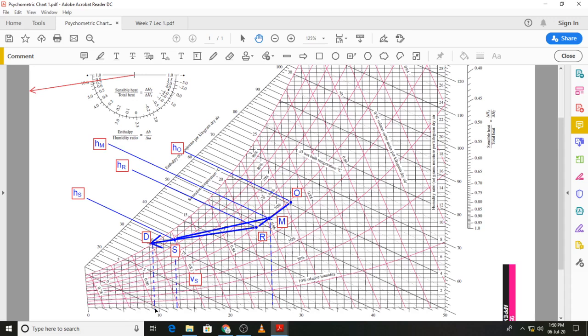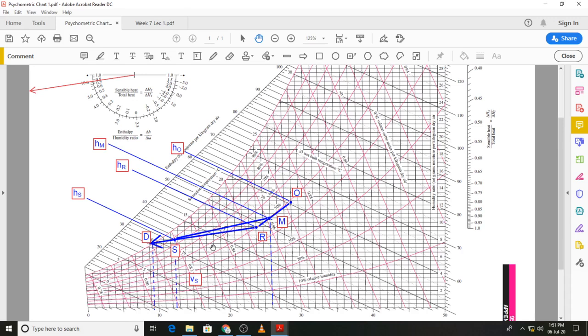Remember, the bypass factor is the ratio of the bypass effect to the ideal cooling range. So if I look at this diagram, previously we had used numbers like T1 and T2 or TD for that. Now we have letters, so we can use those letters to represent the bypass factor. In the numerator you show the bypass effect, and the bypass effect will be the temperature difference between state S and state D, so it will be Ts minus Td.